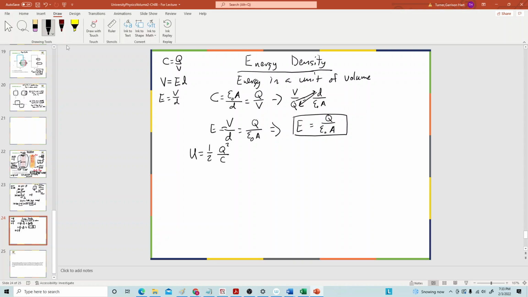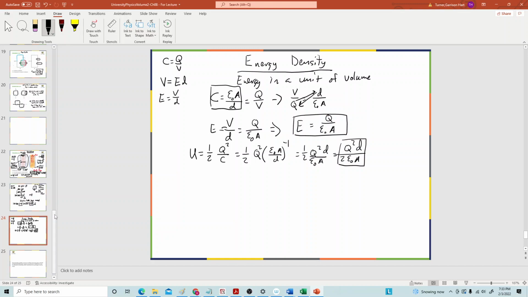But again, C is equal to epsilon naught A over D. So this is going to be equal to 1/2 Q squared times epsilon naught A over D to the -1, or 1/2 Q squared times D over epsilon naught A, or Q squared D over 2 epsilon naught A, right?